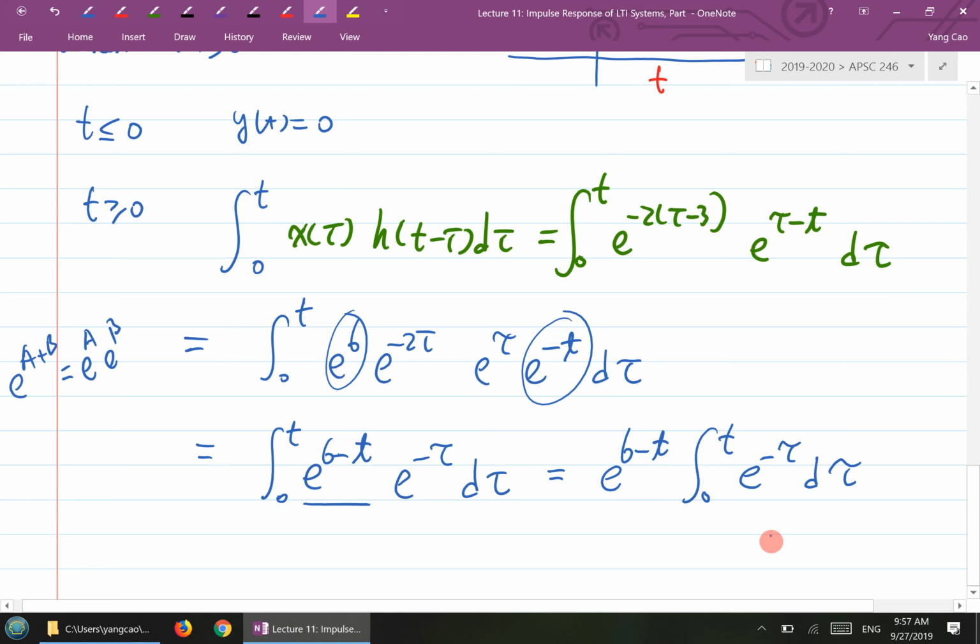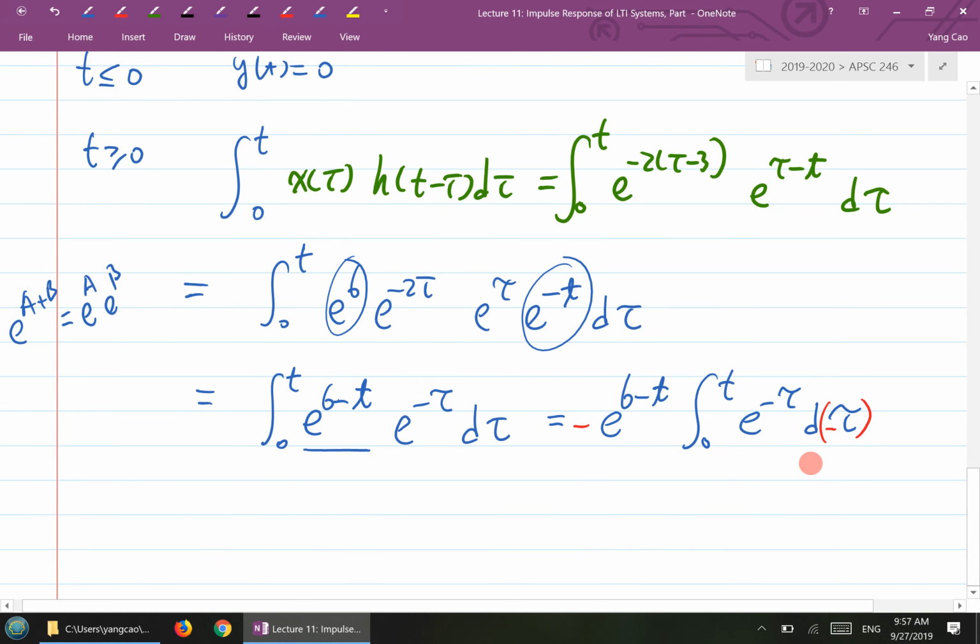This is a very simple integral. You can put a negative here and then put a negative in the front, so you keep it the same. Now you have negative tau, the same variable. Integration of e to the power of anything gives back that anything, right? So you basically get e to the power negative tau, from 0 to t.